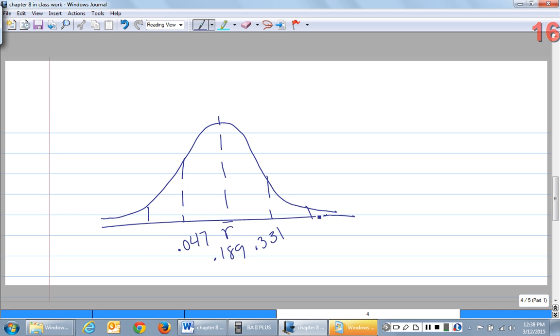So we have 95% of observations lie within 2 standard deviations of the mean. So negative 0.09 and 0.47. And finally, 99% of observations are going to lie within 3 standard deviations of the mean. So negative 0.24 and a 0.61. These are all of the values that we just calculated.